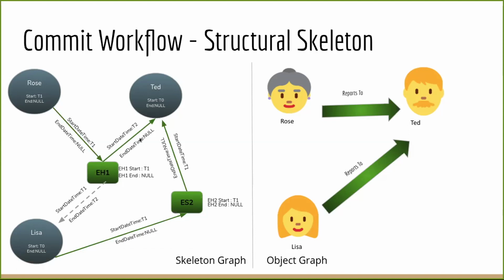And here the end date time is kept as null. So in the skeleton graph, any component which has a null end date time is considered to be valid as of right now. So this hub and spoke model basically allows us to move our edges around while retaining their ID.